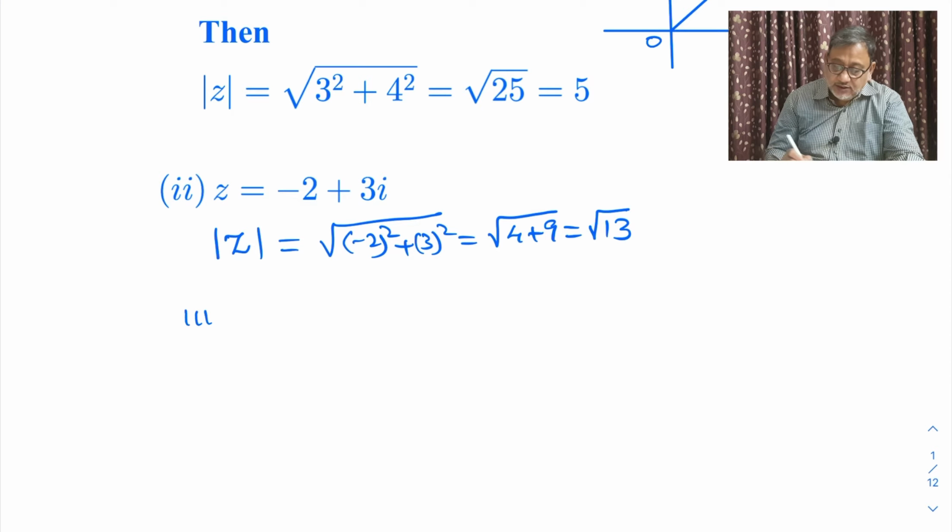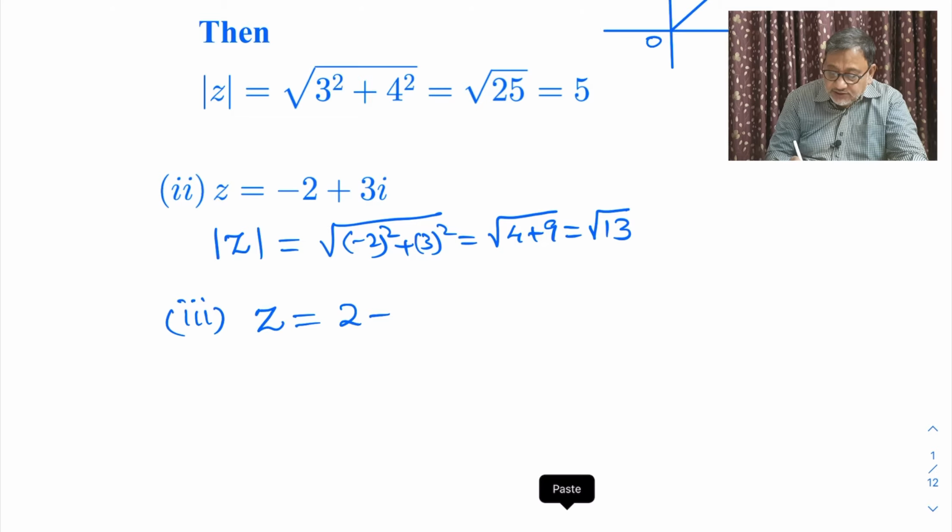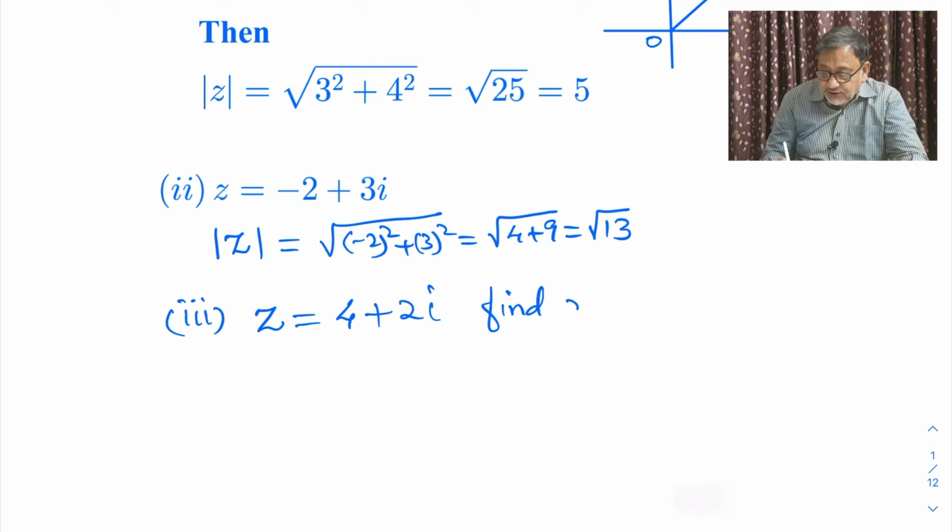Now we can take another example, a third example. Let z = 4 + 2i. Find the modulus of z and the conjugate of z.